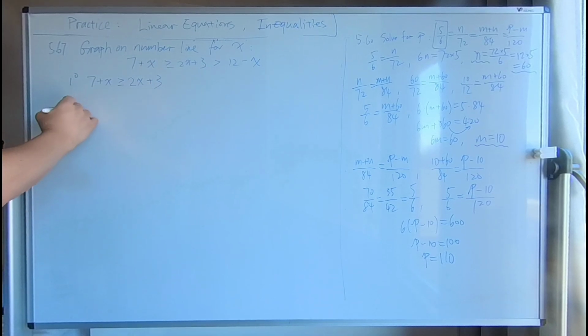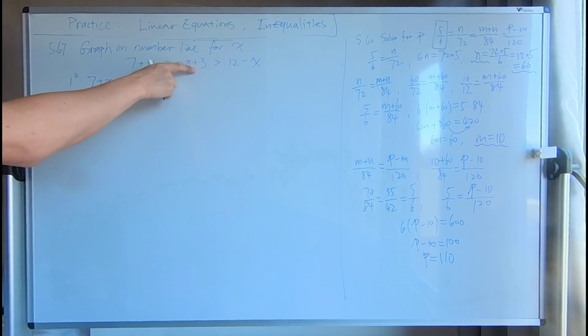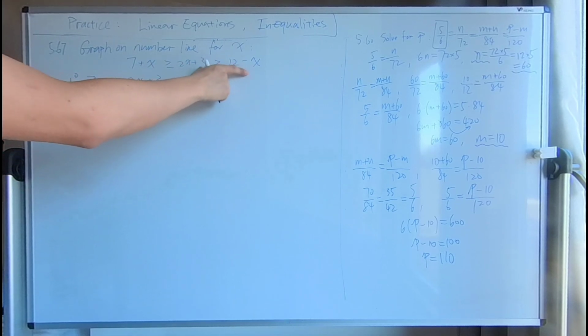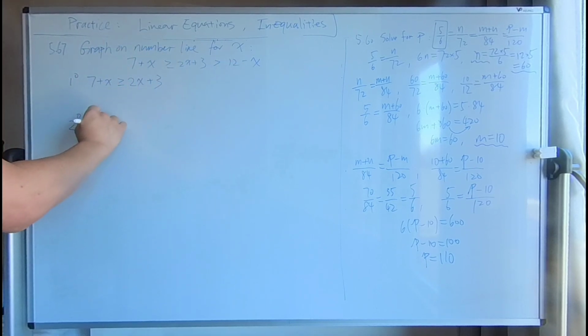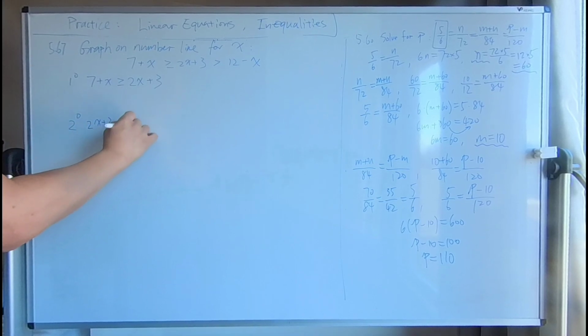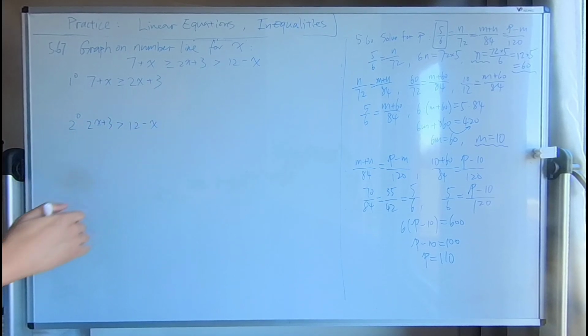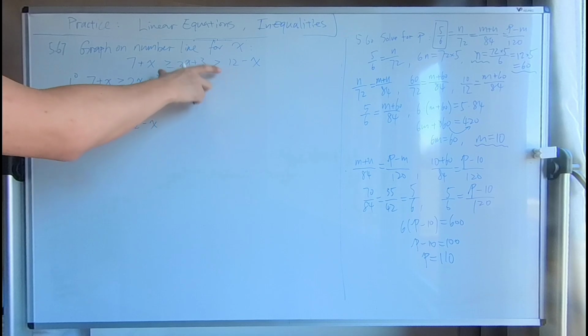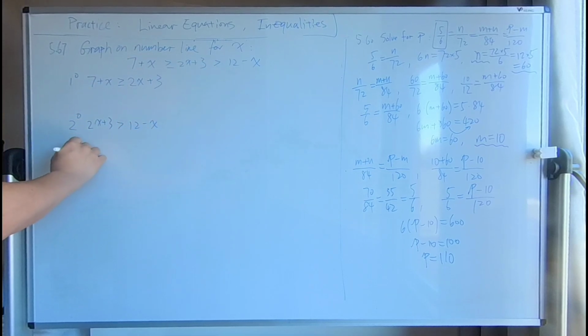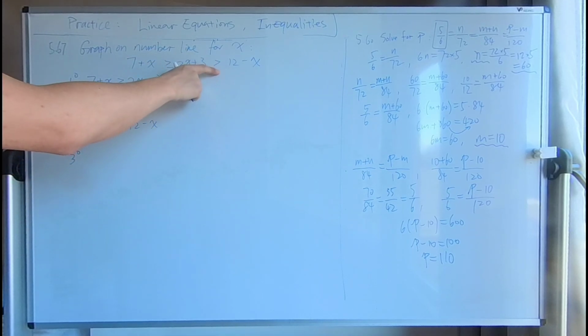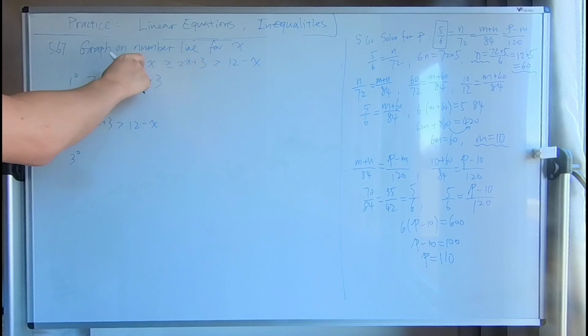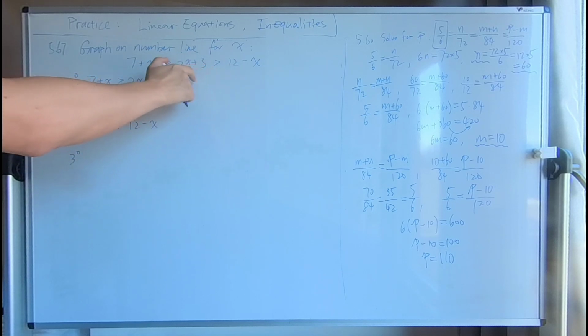Actually, let me write down all the possible inequalities. First of all, this is one inequality. This is the second one, 2x plus 3 greater than 12 minus x. And then don't miss the last one. Unlike an equation, where every term is equivalent to each other so it doesn't matter, for the inequality, it matters.